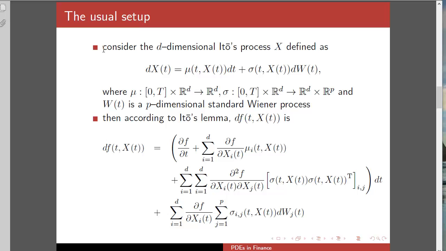So we in general assume that there exists some d-dimensional Itô process x, defined using this stochastic differential equation, where mu is a d-dimensional vector, sigma is a matrix with dimensions d times p, and this is the differential of a standard Wiener process, a p-dimensional column vector.